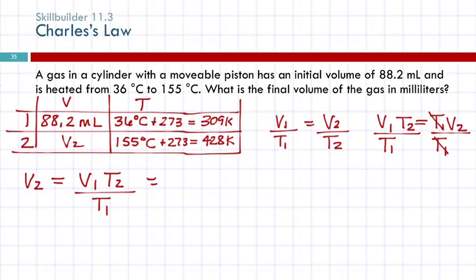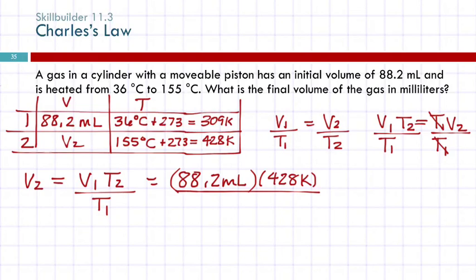Again, this is not the only way to solve these problems, but it's the one that seems to work best for 3A students. So there's our initial volume and our final temperature, 428 Kelvin, divided by T1, 309 Kelvin.